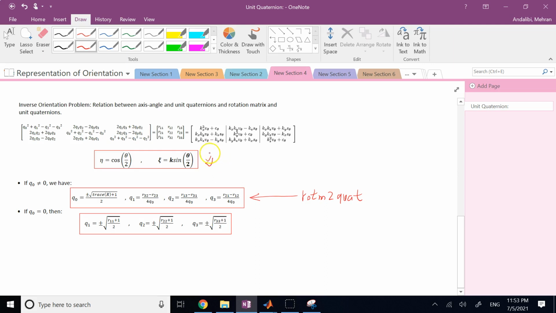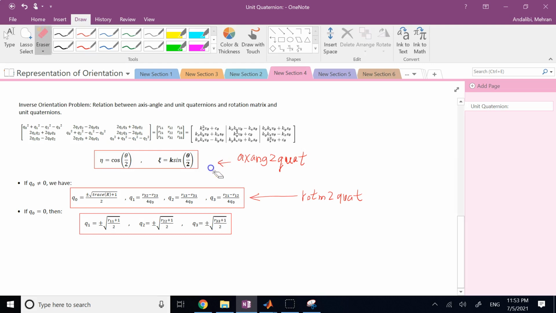What is this one? Here it takes K and theta and it gives you the quaternion. So this is the command what? In MATLAB is called axis angle to quat. There is a command like that in MATLAB, axis angle to quat, which is exactly using these formulas, okay?